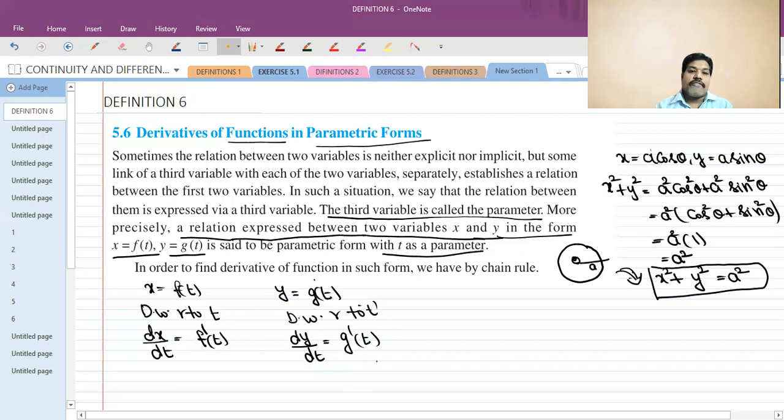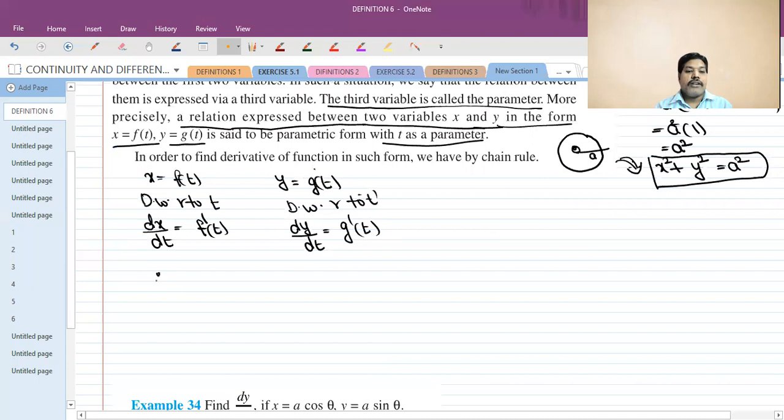After getting f dash of t and g dash of t, what is the dy by dx value? Therefore, I need that dy by dx. How to calculate the dy by dx value? You can write dy by dx in the form, see this one, students, dy by dt whole by dx by dt. Yes or no?